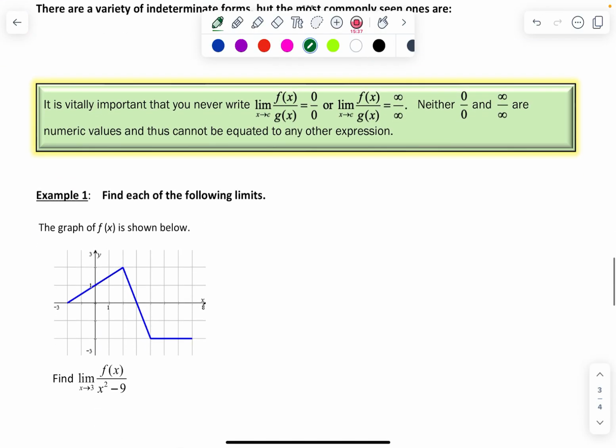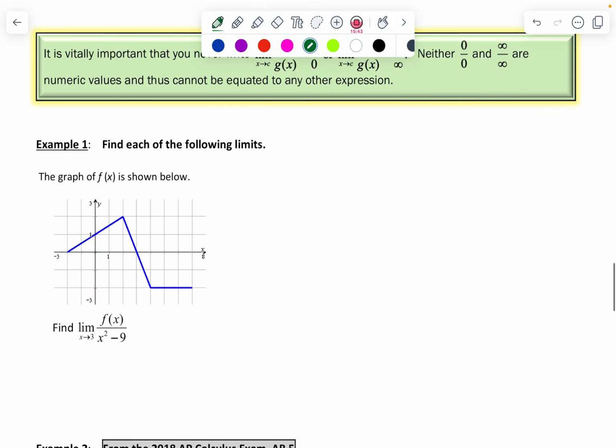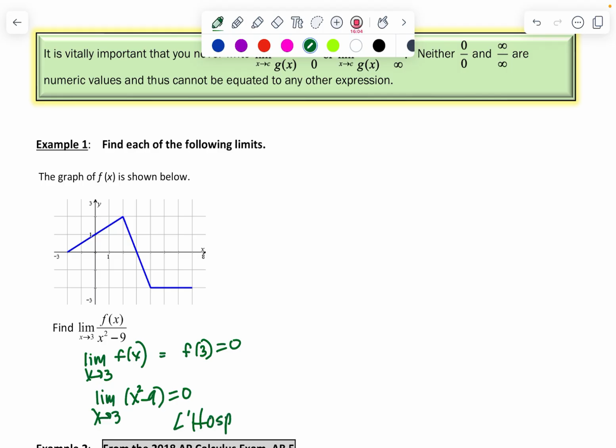All right, so let's look at a graph, okay? It says the graph of f of x is shown below. Find the limit as x approaches 3 of f of x over x squared minus 9. So f of 3 is 0, and the limit of the denominator as x approaches 3 is also 0.